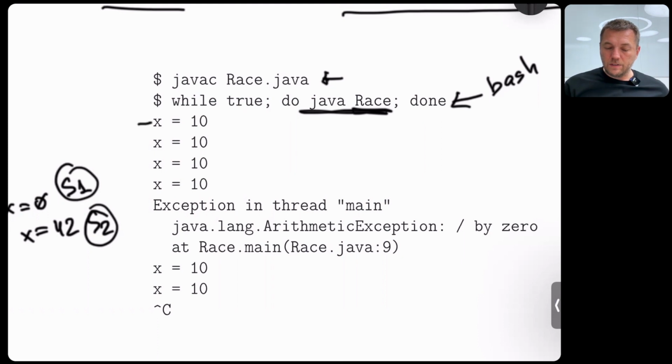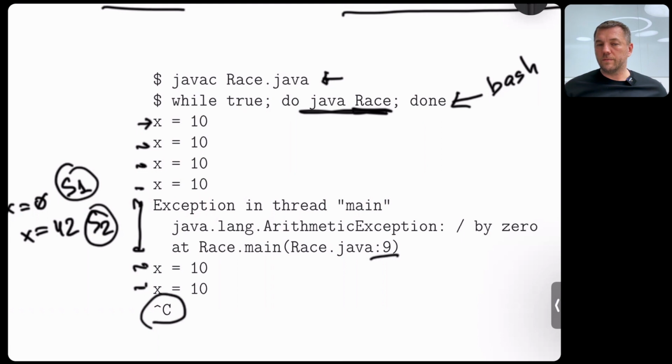It runs, it's okay, no problem, it's okay, and then boom, here I have the exception. Exception in thread main, division by 0 at line number 9. And again, okay, and it will run forever until I press Control-C to stop it. So out of 1, 2, 3, 4, 5, 6, 7 executions, 1 out of 7 is an error.